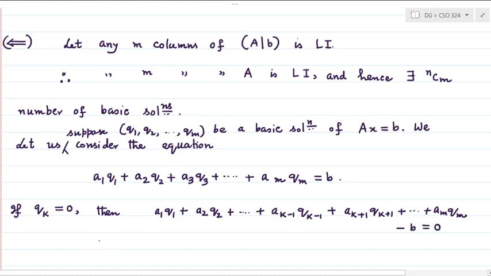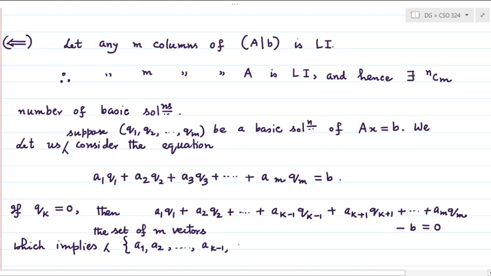And what does it prove? This implies that the set of m vectors a1, a2, up to a(k-1), a(k+1), up to am, b is linearly dependent, because you have here the coefficients q1, q2, q(k+1), qm, and the last coefficient is minus 1.